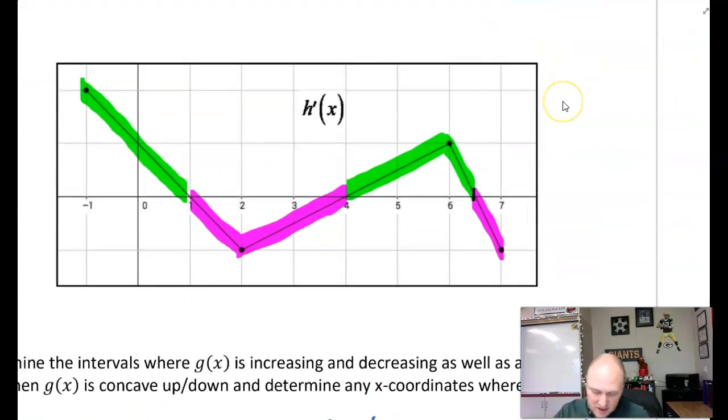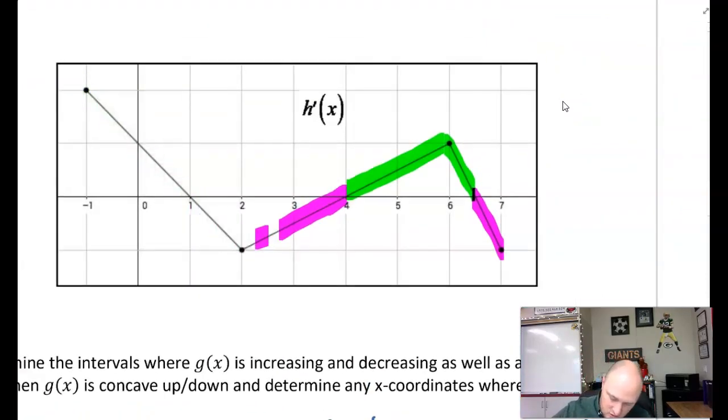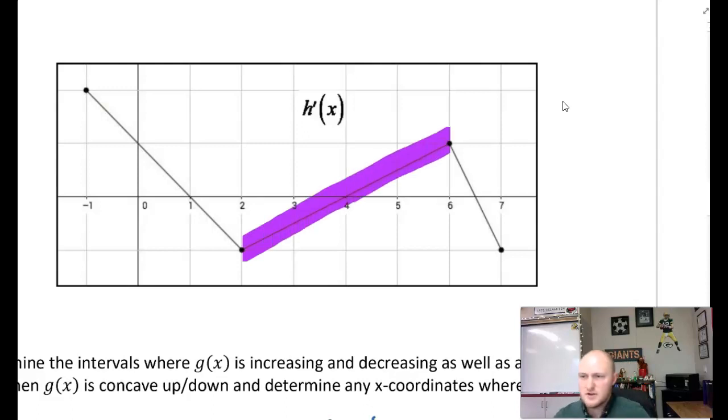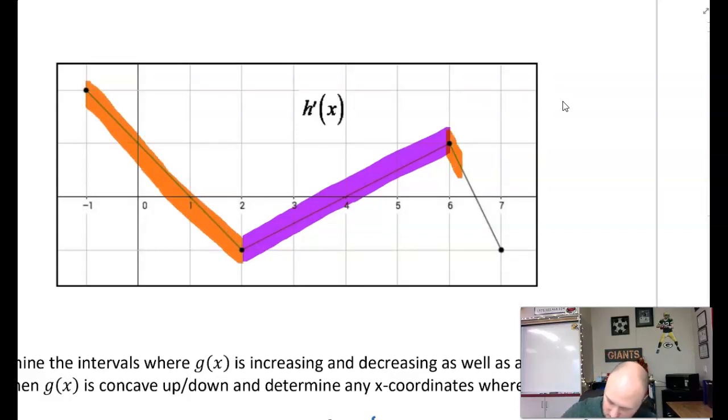Our function is increasing. So let me go ahead and erase these colors. So now our function is concave up when it is increasing. So there's our function concave up, and it is concave down when we are decreasing.